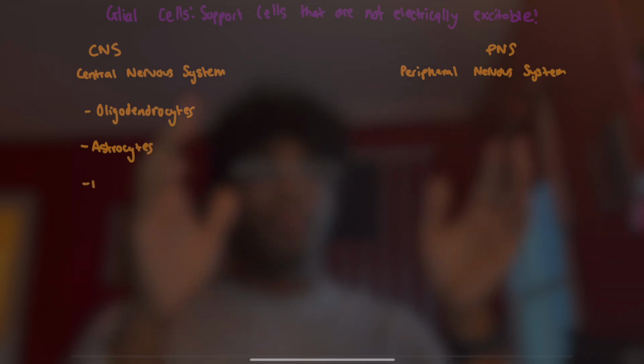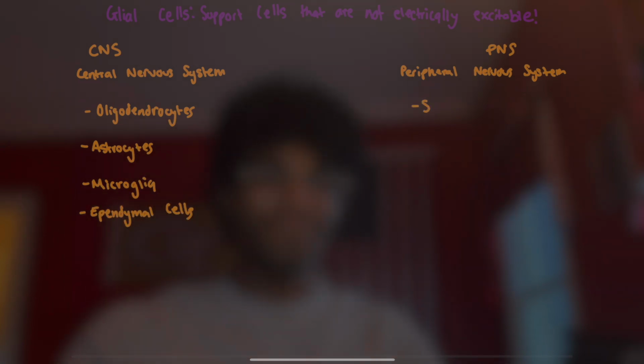Within your CNS, you have oligodendrocytes, astrocytes, microglia, and ependymal cells. I'm going to list all the differences here, and I will let you guys know another acronym towards the end of this section to describe how you can remember the CNS versus the PNS. Awesome. And within your PNS, you have your Schwann cells and your satellite cells.